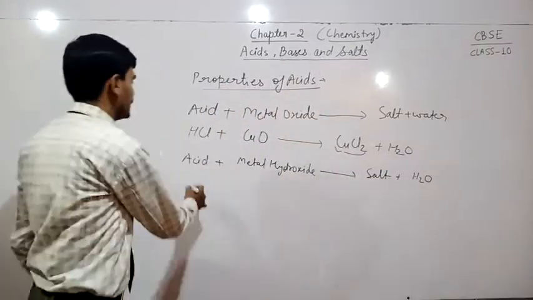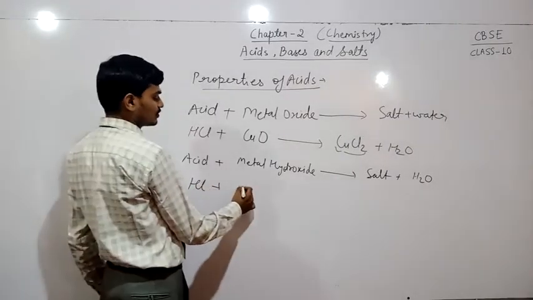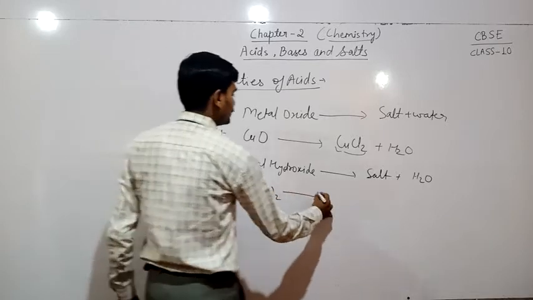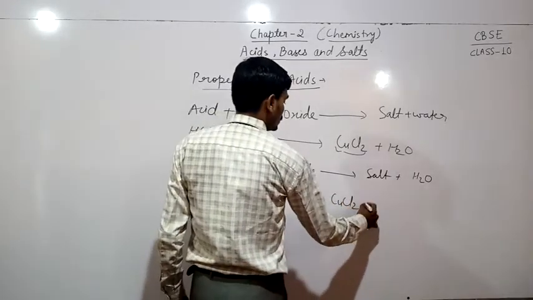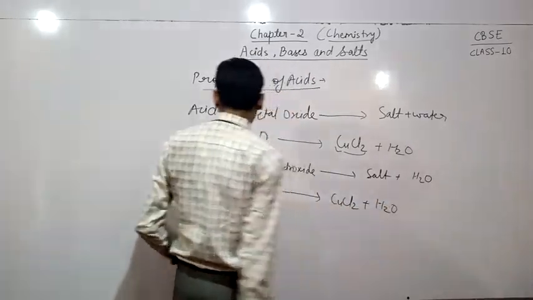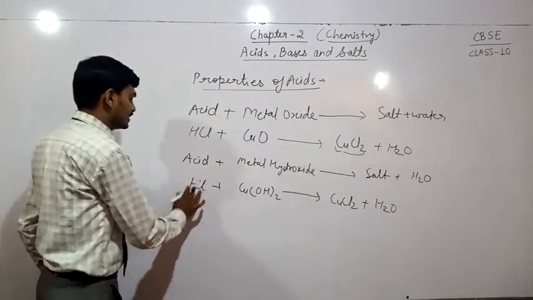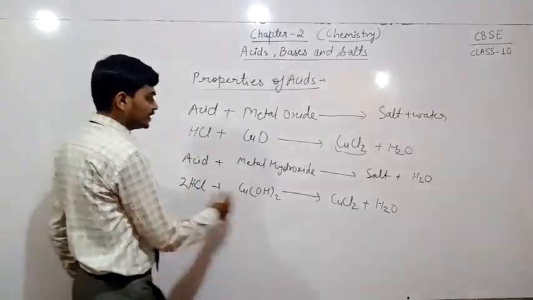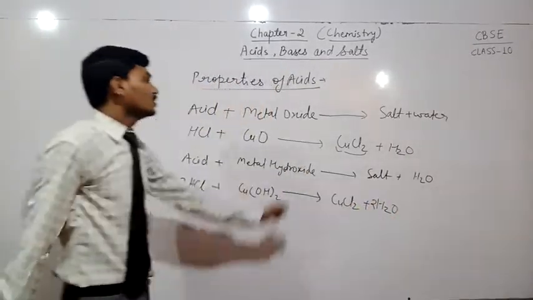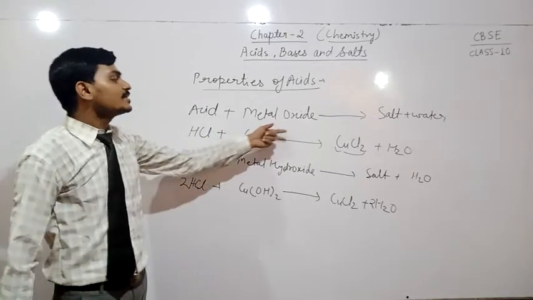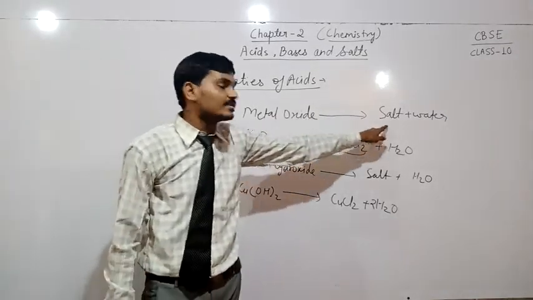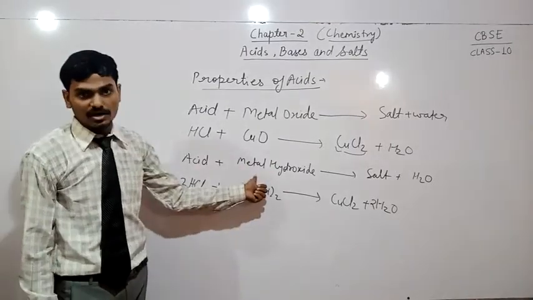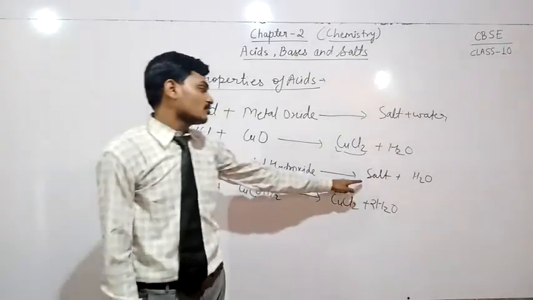For example, if we react HCl plus Cu(OH)2, then we also get CuCl2 plus water. Now balance the reaction: 2HCl and 2H2O. That is, if we react any acid with metal oxide, we also get salt plus water, and if we react any acid with metal hydroxide, then we also get a salt and water.